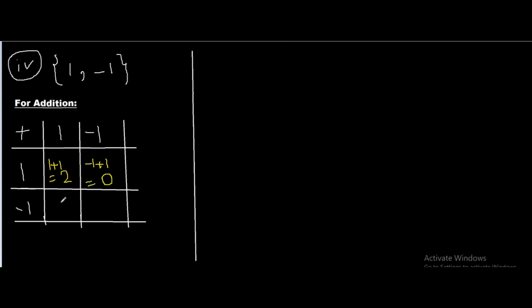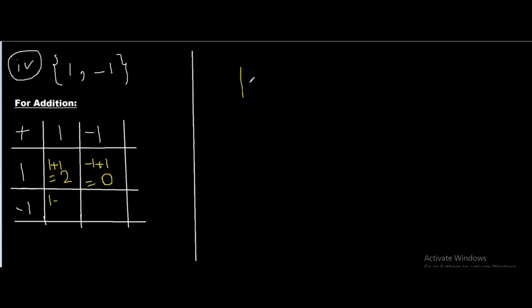The third box has the upper input, which is 1, while the vertical input is -1. So 1 and -1 means 1 minus 1, or 1 plus -1, which is equal to 1 minus 1.